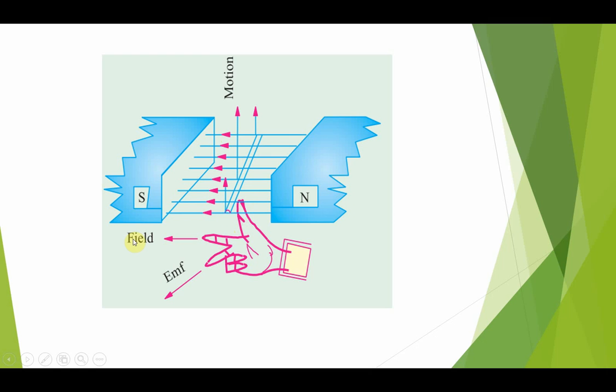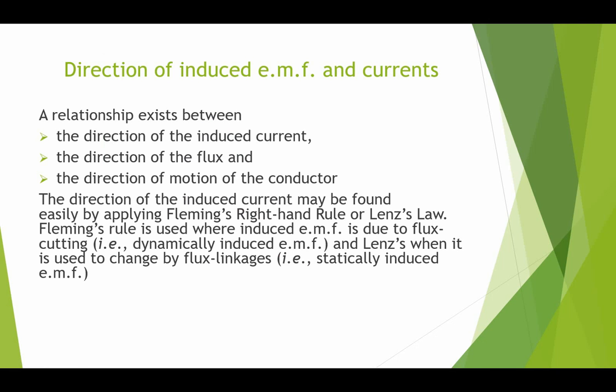The first finger shows the direction of the field, the second finger the direction of EMF, and the thumb shows the motion of the conductor in the magnetic field. So this is called the right-hand rule.